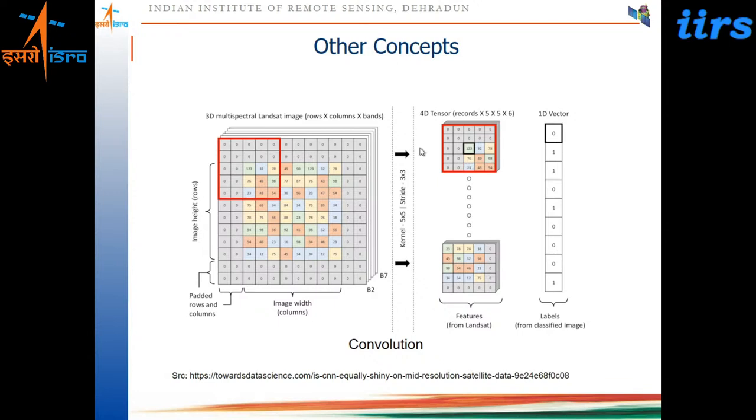This is just an example where you have multiple images, and based on the filter size, like in this case 5 by 5, it looks at each of the 5 by 5 nearby pixels to identify the unique feature component which may be present across the images.